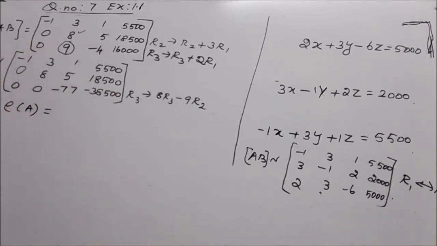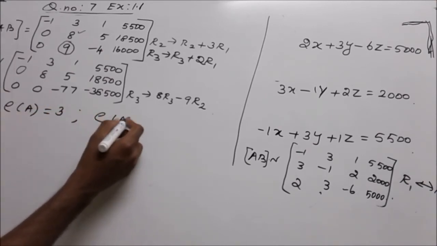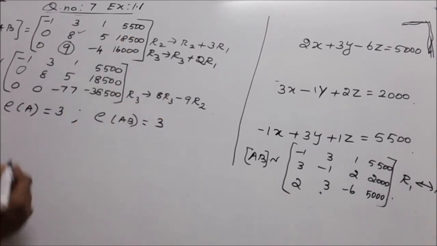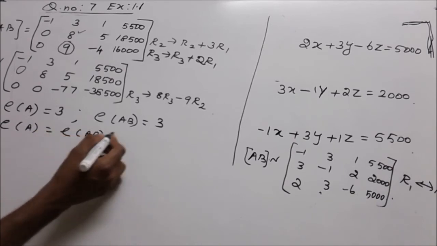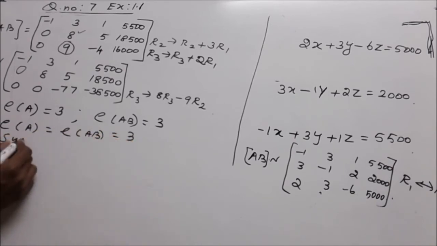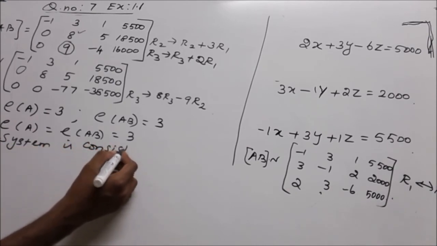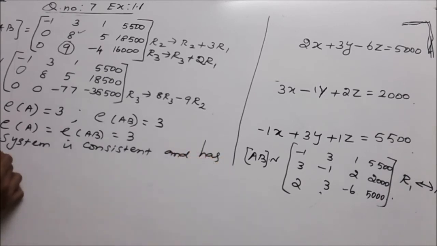We have 3 non-zero rows, rank of A equal to 3. And rank of AB, in this also we have 3 non-zero rows, that is also 3. Therefore, rank of A equal to rank of AB equal to 3. Therefore, system is consistent and has a unique solution.